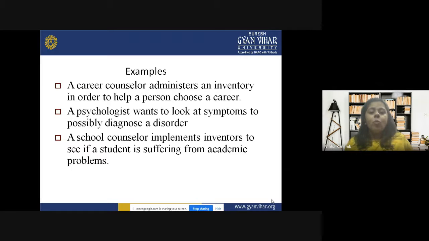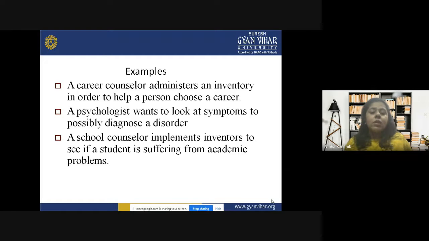A psychologist wants to look at symptoms to possibly diagnose a disorder. Now, a psychologist, with the help of administering a personality inventory on the students or on the individuals, is able to identify the symptoms to diagnose a particular disorder, or if he wants to look at the symptoms to possibly diagnose a disorder, he can administer a personality inventory on the individuals.